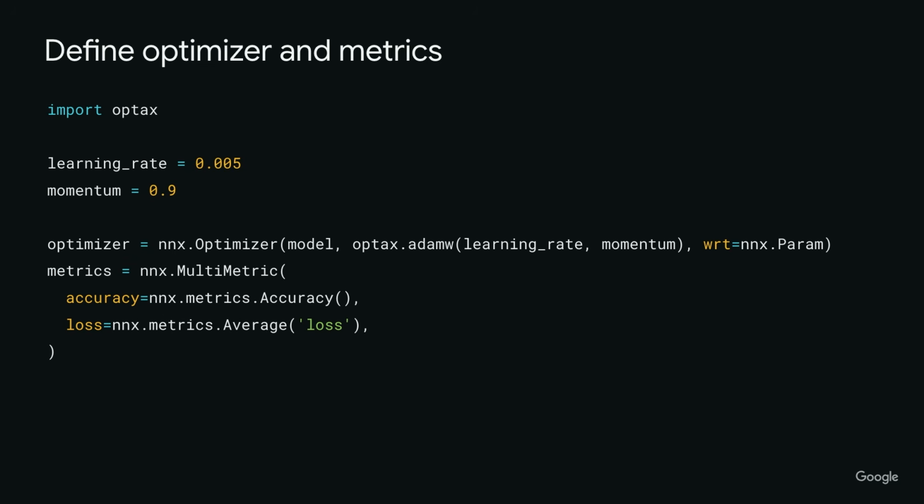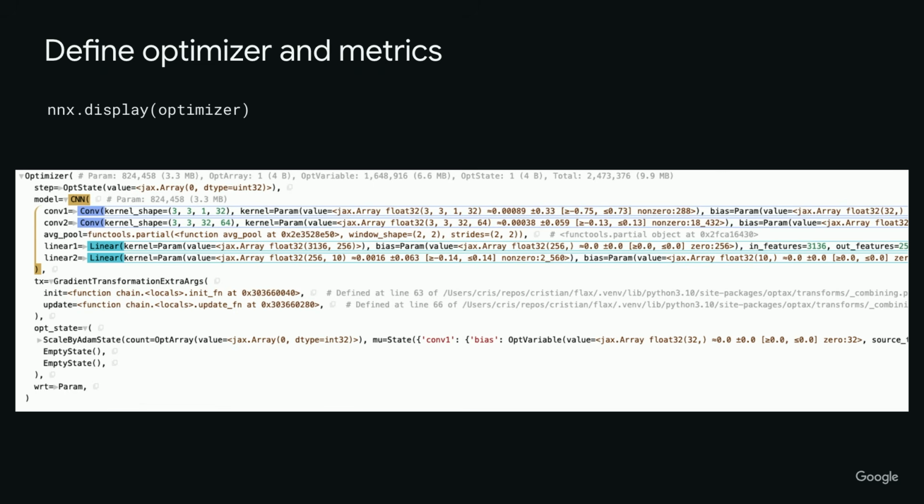It explicitly tells the optimizer that it should only apply updates with respect to the variables of type nnx.Param. This makes the optimizer's intent crystal clear. It will update our learnable parameters and weights, but ignore other types of state. Similar to the model, we use nnx.display to visualize the optimizer setup.